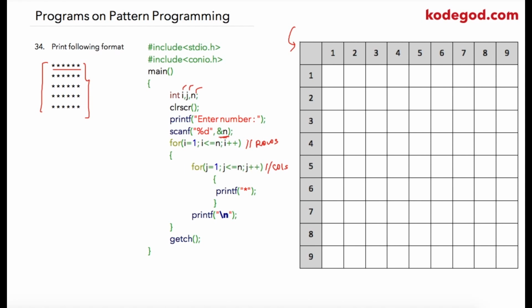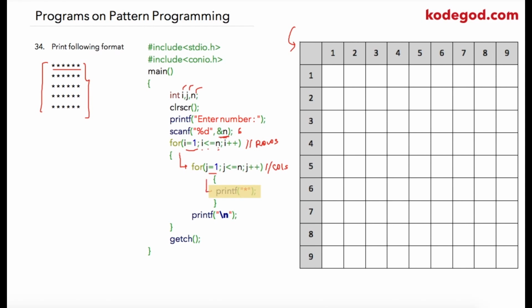Now let us see how the compiler will execute these instructions. Initially I am initializing i equal to 1. Let us assume that the user has entered n as 6. So 1 is less than or equal to 6, which is a true condition. The controller will enter inside the loop, and inside the loop my first statement is another for loop where I am initializing j equal to 1, and again j is less than or equal to 6, which is a true condition.